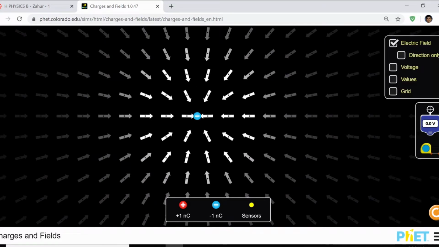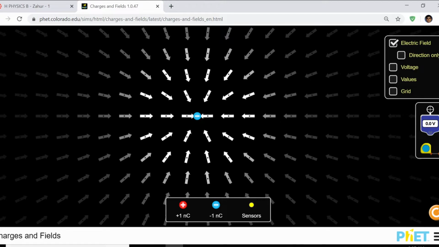Now you can see how the arrows near the charges are brighter, and the arrows that are further away are dimmer and dimmer. That's to represent the magnitude of the vectors. So the further out you are, of course, the weaker it is. Yes, please take notes.